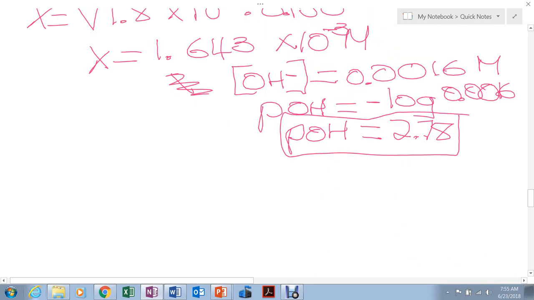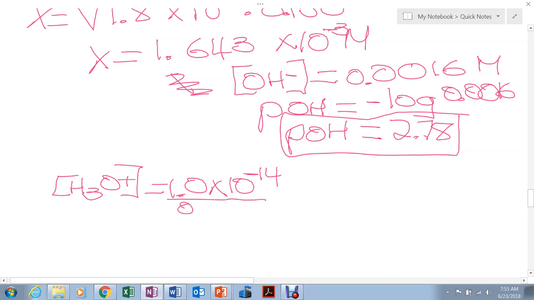So the concentration of hydronium is going to be 1.0, of course, Kw, 10 to the negative 14 divided by the hydroxide, 0.0016.